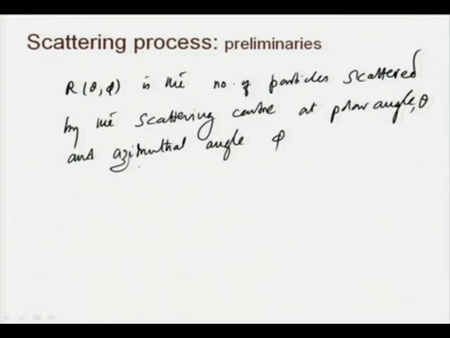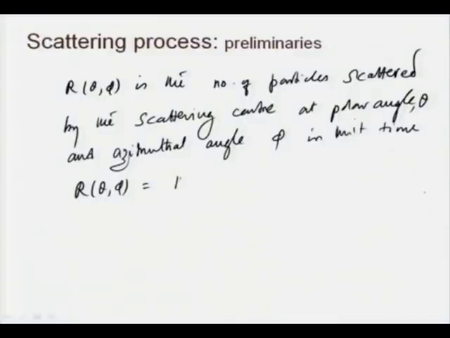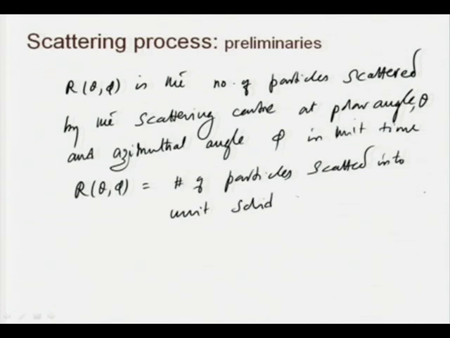So, R(theta, phi) is the number of particles scattered by the scattering center at polar angle theta and azimuthal angle phi in unit time. So, that is basically the rate. In another way, R(theta, phi) is equal to the number of particles scattered into unit solid angle around theta phi.